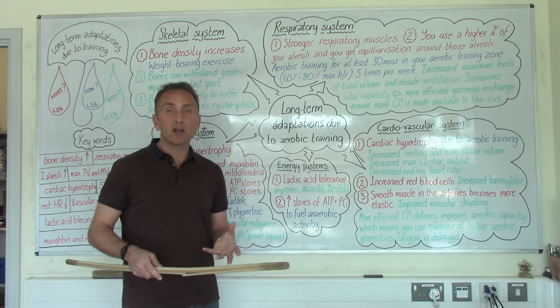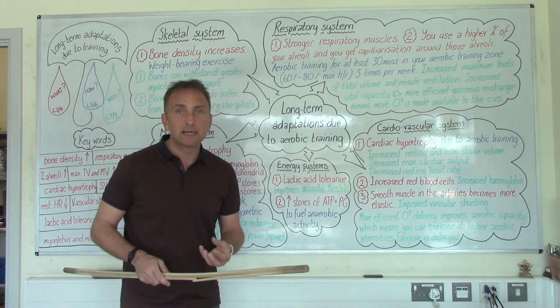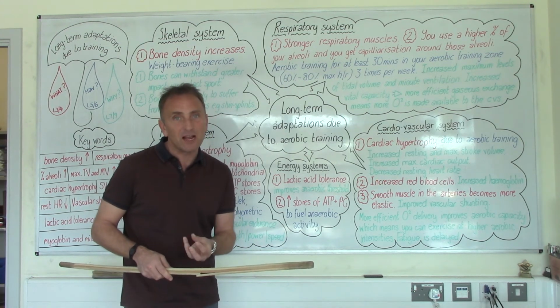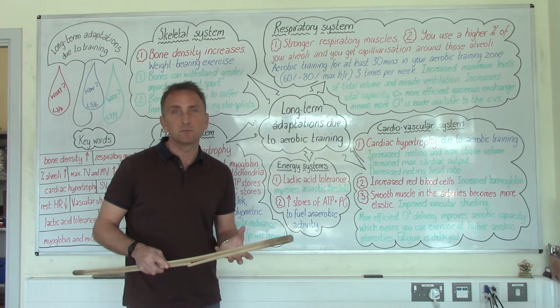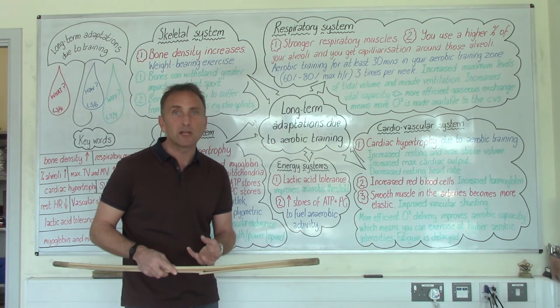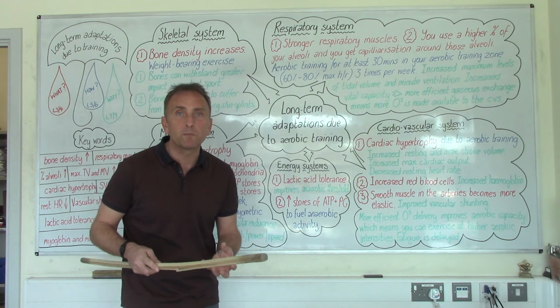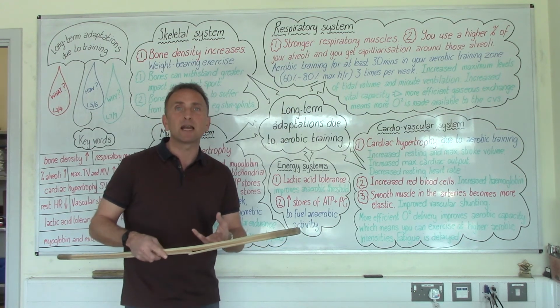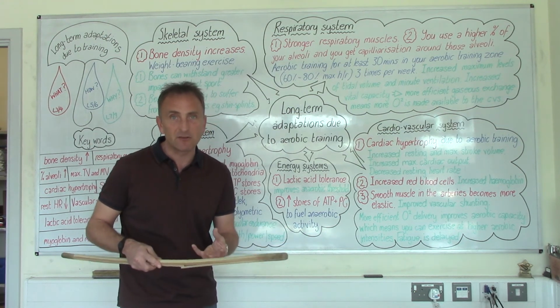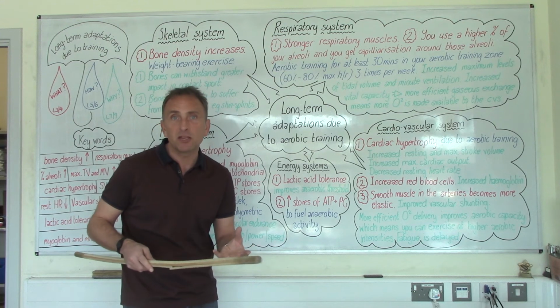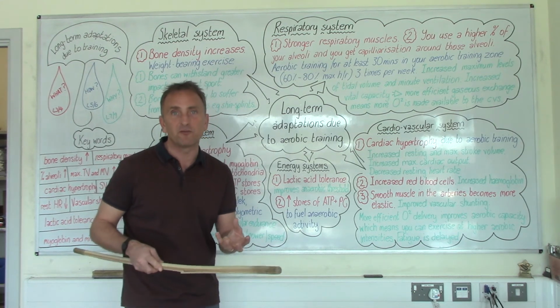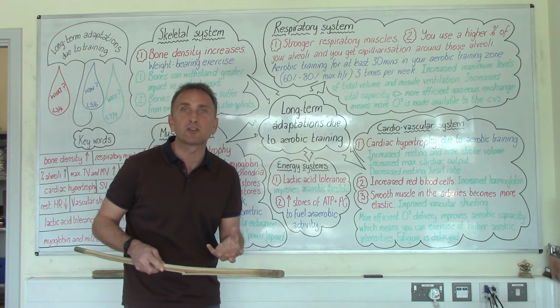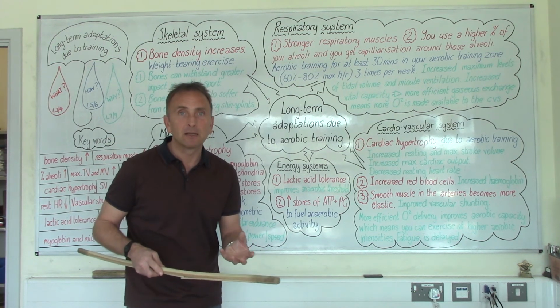If you're going to train anaerobically, then it's fast twitch fibres and fast twitch energy systems that really improve. You get more stored ATP and more stored PC, which means you can work at a maximum intensity for slightly longer. So maybe you can work at a maximum intensity for 12 seconds rather than 10 seconds.